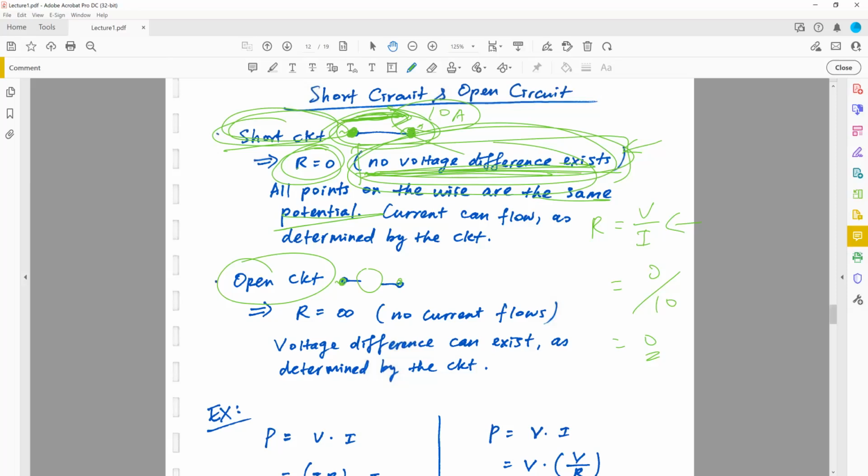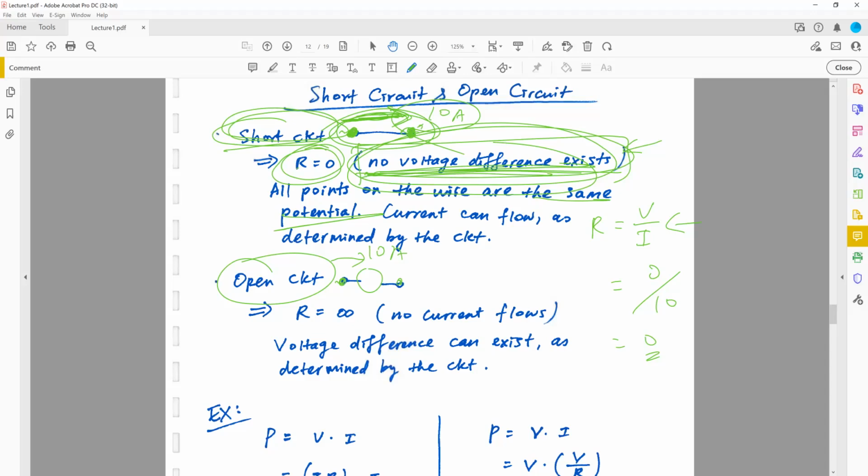Even if I put in a current here, even if I force some current, I, flowing from left to right, because there is an open, this current is not going to be able to make it from the left dot to the right dot, just because I have an open.